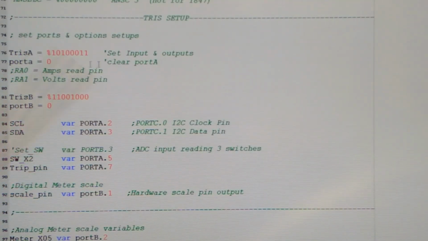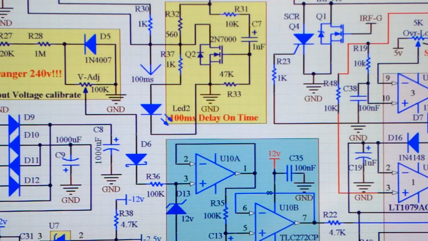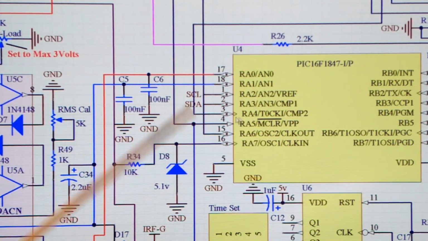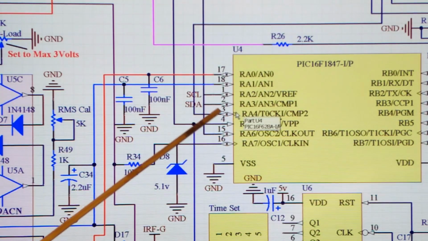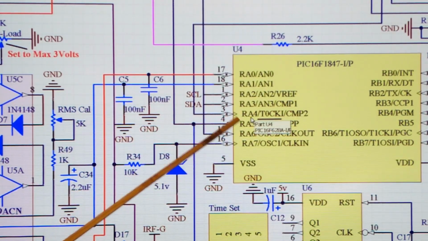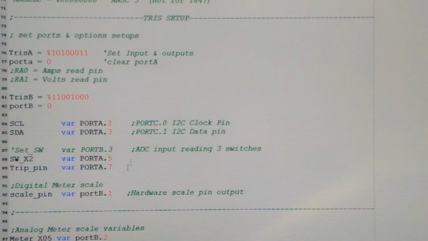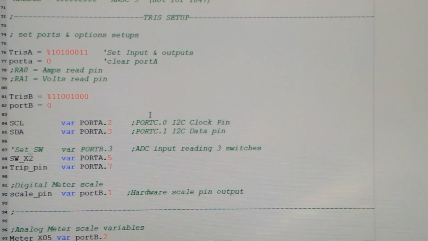TRIS setup has got to do with the inputs and outputs on the chip, whether these pins are an input or an output. If you're reading a switch or a sensor, it will be an input. If you're switching on an LED or a relay or whatever, then it's going to be an output, of course. So that's what that is.